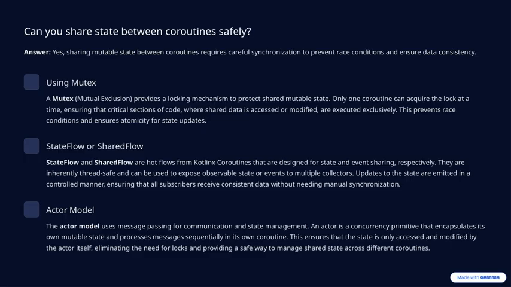Connecting all these ideas, the key takeaway is that managing shared state in coroutines requires careful strategies, whether through locking mechanisms like mutex, reactive streams like StateFlow, or the actor model. Each method helps us maintain data integrity and avoid race conditions, which is crucial when building reliable, concurrent applications.